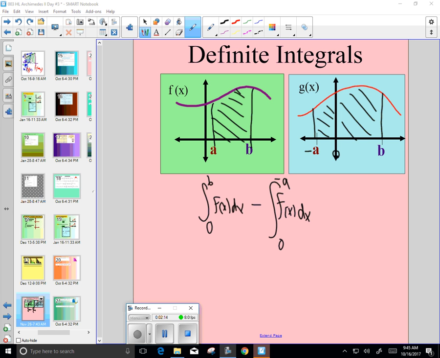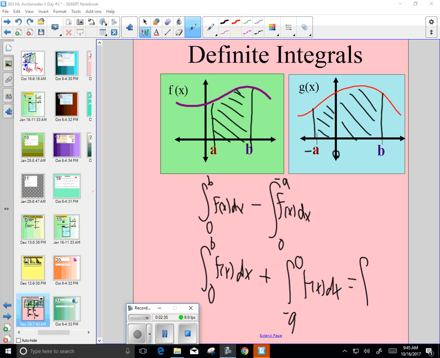And so when I go from 0 to B, f of x dx, and then when I reverse it, it's going to be negative A to 0, f of x dx. You can see that this still gives me negative A to B f of x dx.